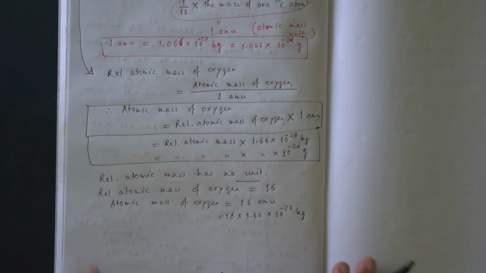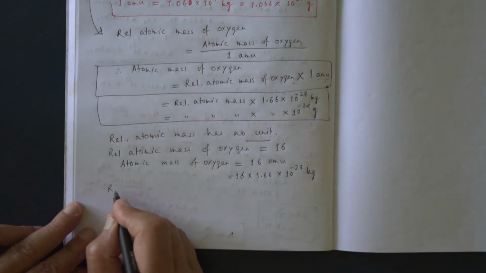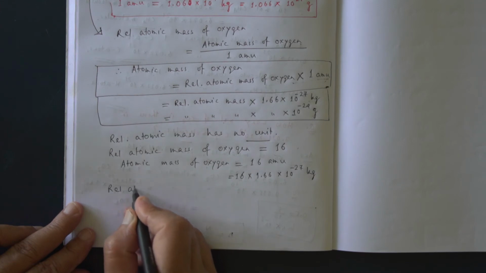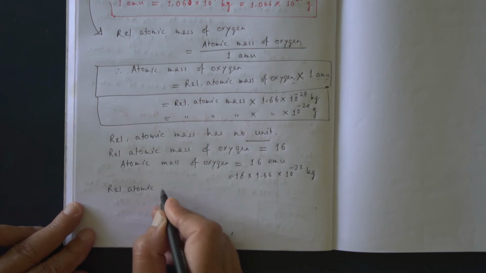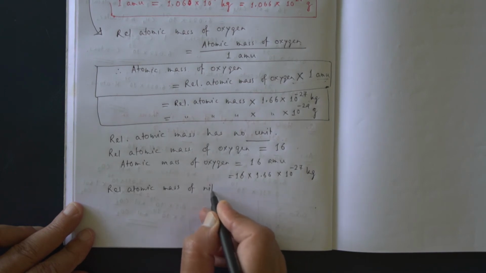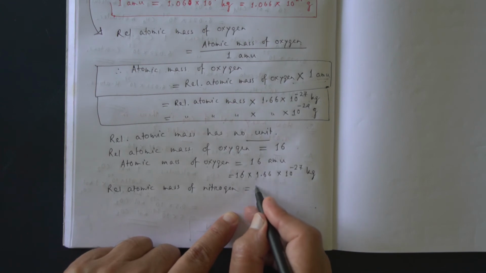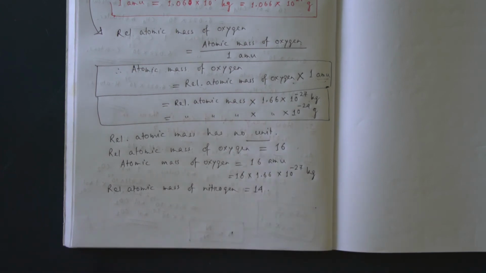Similarly, the relative atomic mass of nitrogen is 14, no unit.